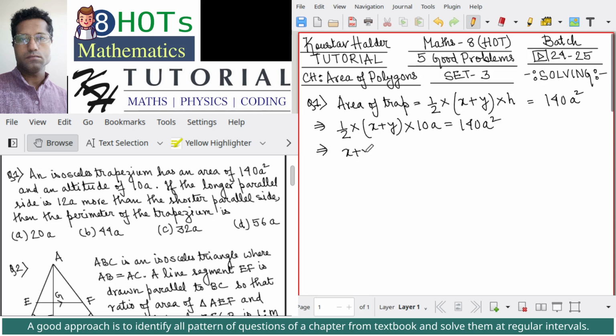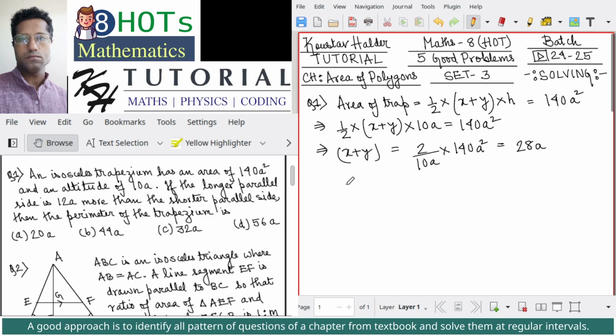This implies x plus y, which is the sum of the parallel sides, will be equal to 2 by 10a multiplied by 140 a square. After simplification, this is 28a. I am prone to making calculation mistakes, and even though I will try my best not to, eventually I might end up making one. So 28a is the sum of the parallel sides.